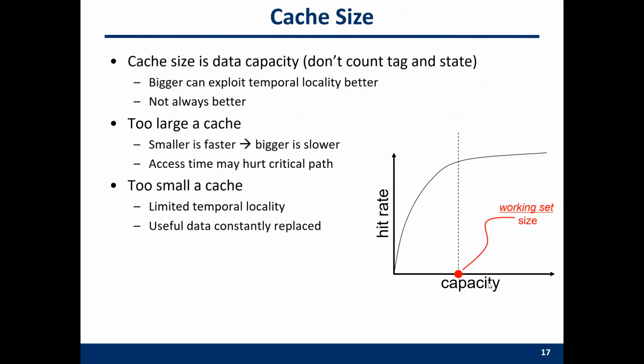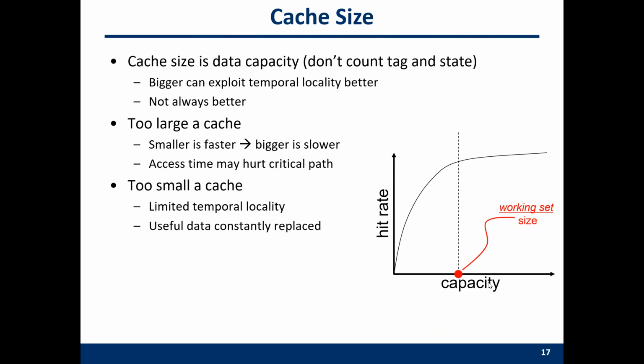So this figure indicates the relationship between the hit rate and the capacity of the cache. When you try to increase the capacity of the cache, you will have a higher hit rate until you reach some sweet point. When you further increase the capacity beyond this point, the hit rate may not significantly improve.